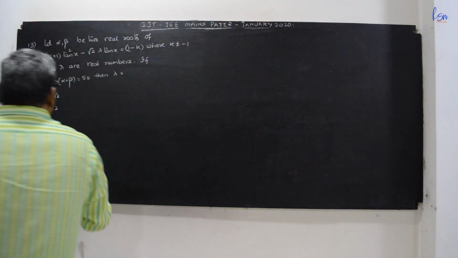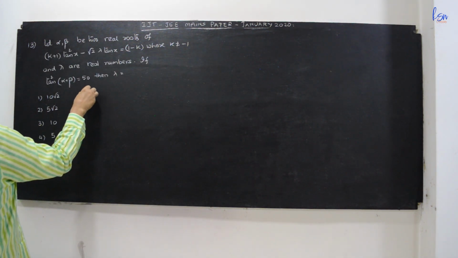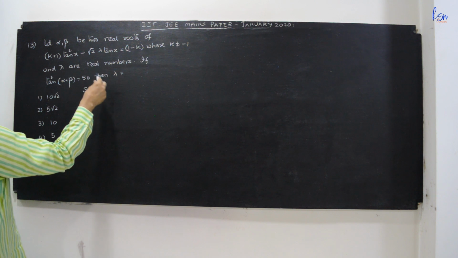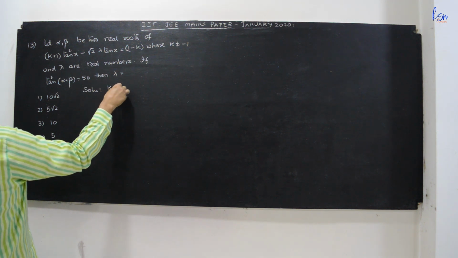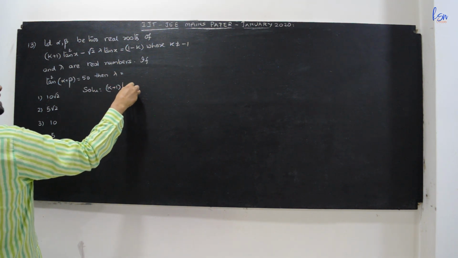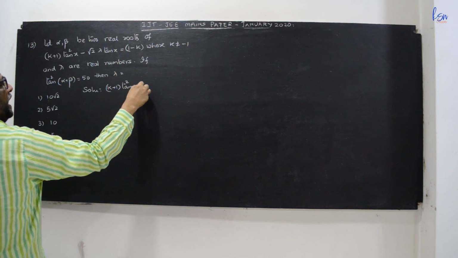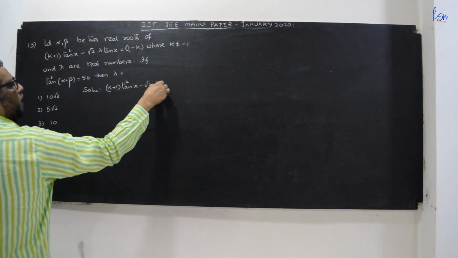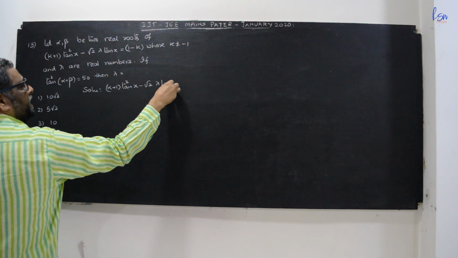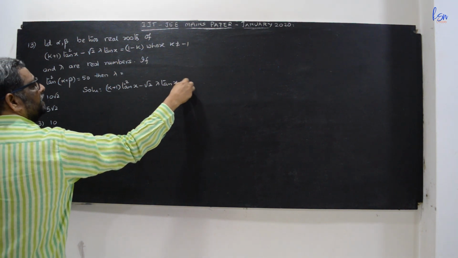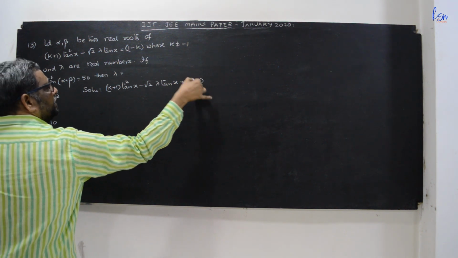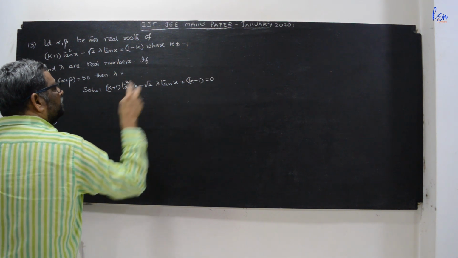Now it is a quadratic equation given. Here the solution, k plus 1 into tan square x minus root 2 lambda into tan x plus k minus 1 is equal to 0.